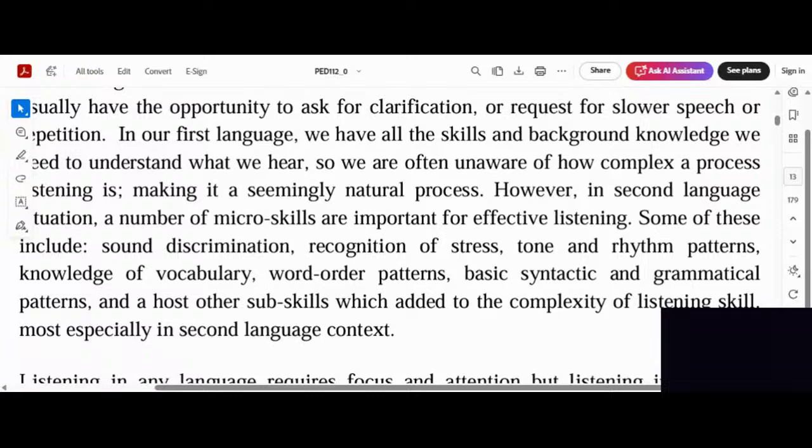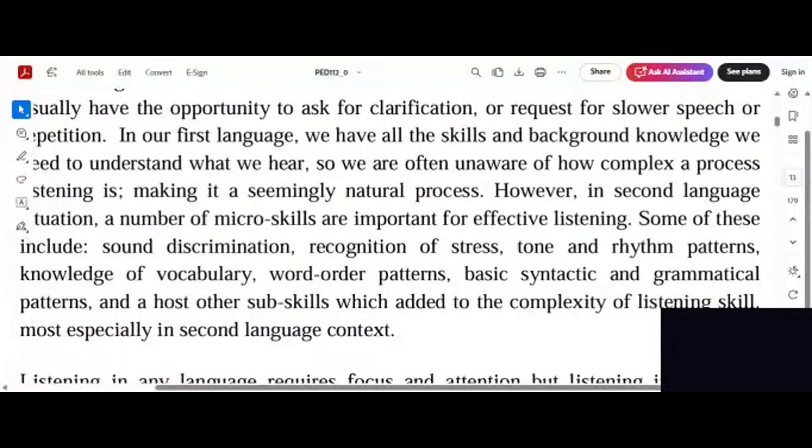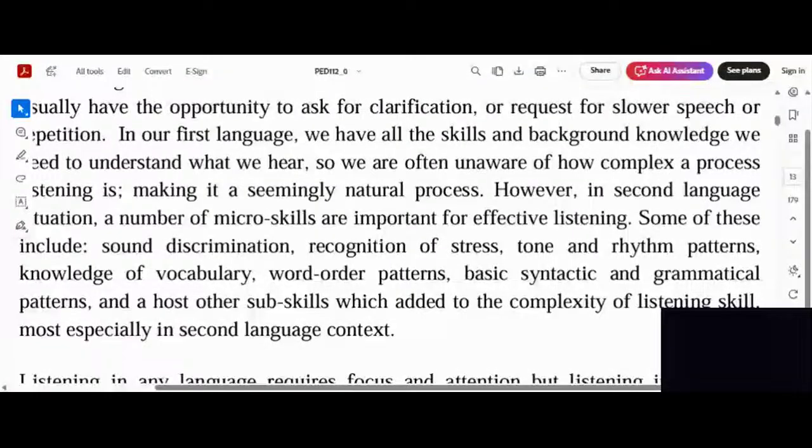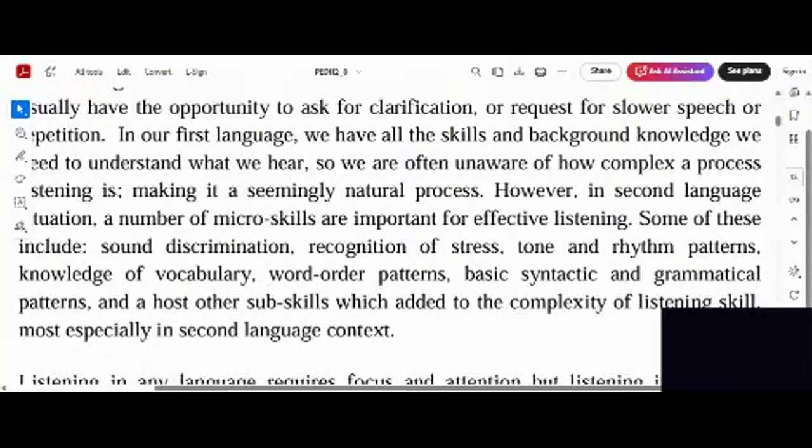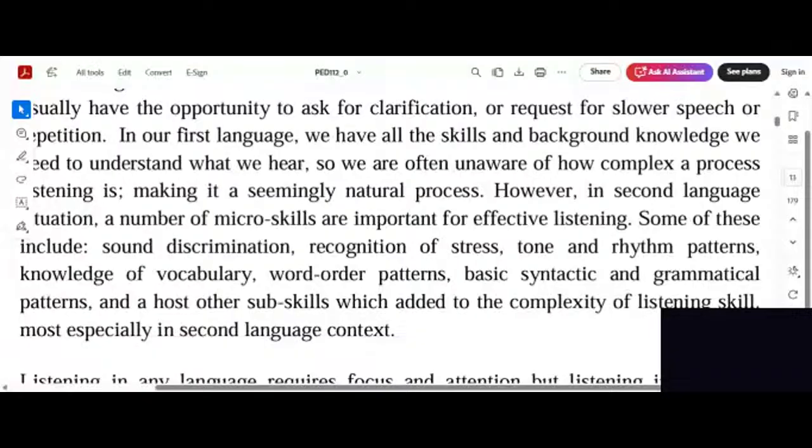One is sound discrimination. If I stress a word wrongly, it gives the wrong meaning. If I say, "Are you saying?" you will take it as an insult, no matter what I meant.